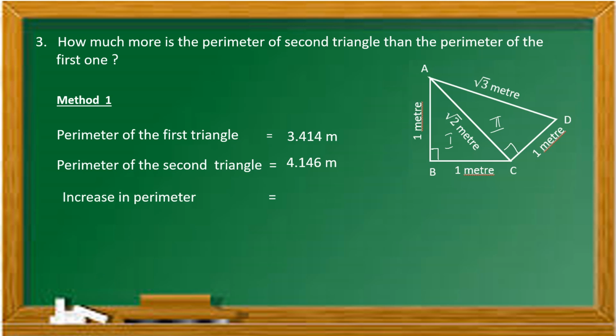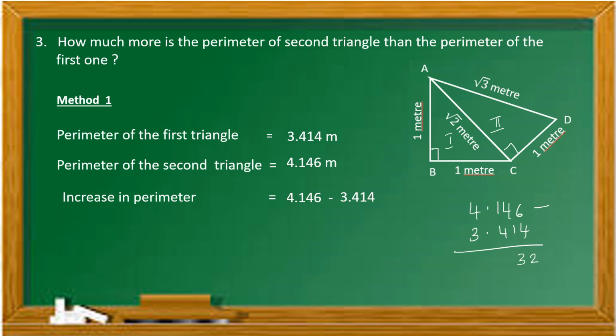So increase in perimeter will be 4.146 minus 3.414. And what is that? Can you tell me? 4.146 minus 3.414. 6 minus 4, 2. 4 minus 1, 3.